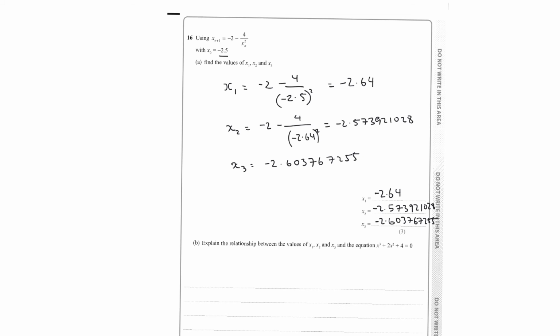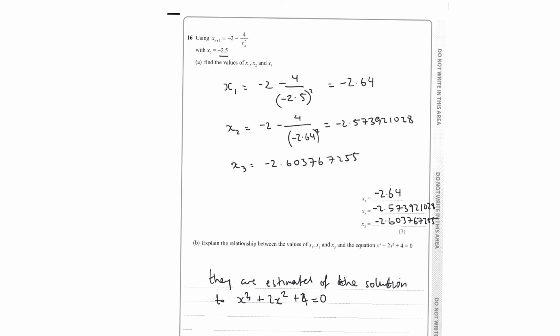So they are estimates of the solution to x cubed plus 2x squared plus 4 equals 0.